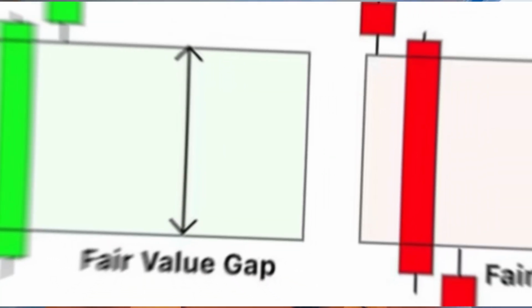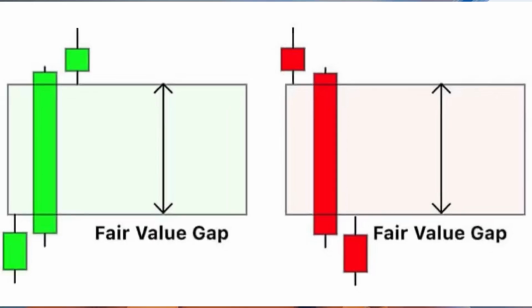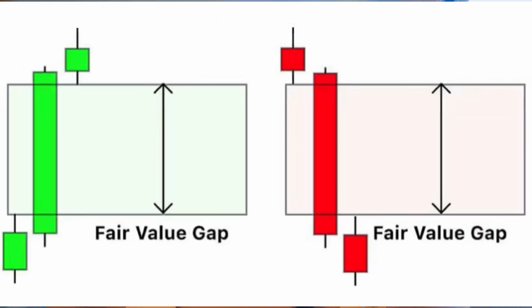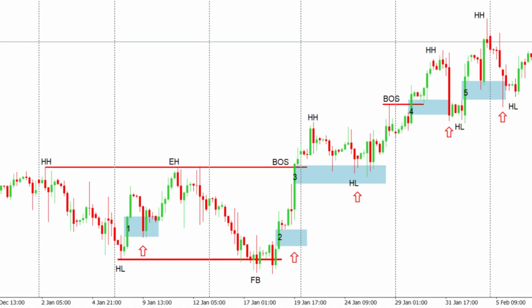You're really looking at a 3-candle pattern system where the middle candle creates a gap between the wicks of the first and the third candle. That's all it is. It's literally showing inefficiency in price delivery, and this is where the market tends to revisit. Because it creates inefficiency, this is why the market tends to retest these levels to fill the gap.